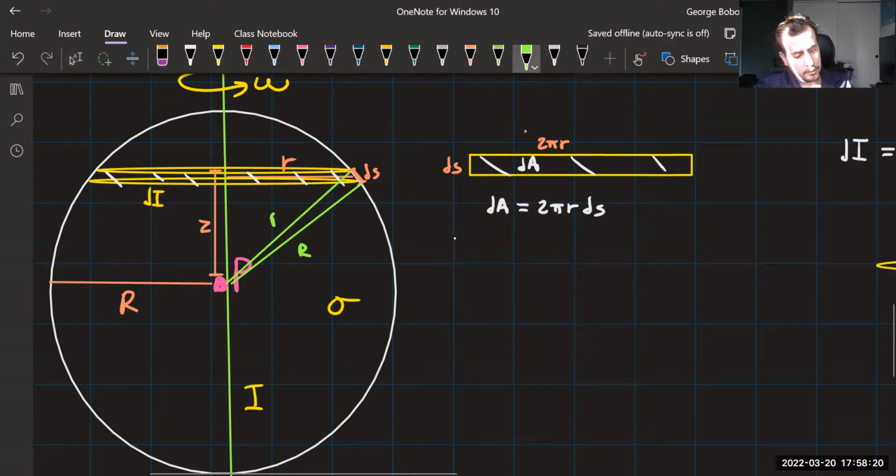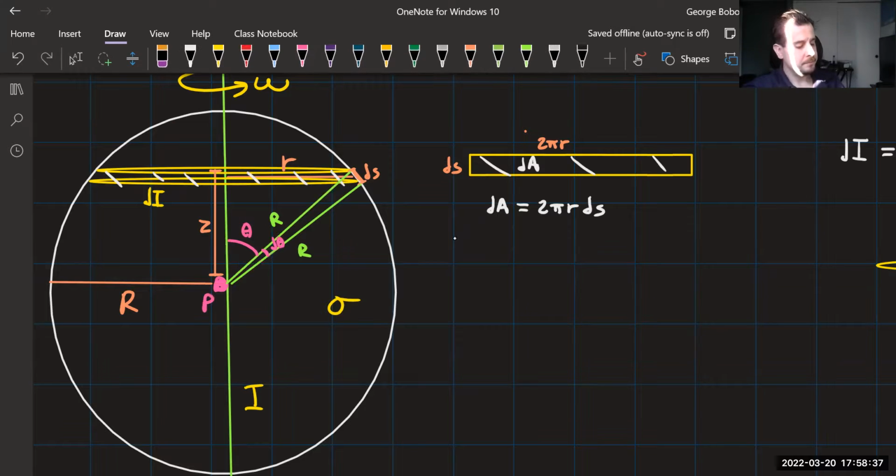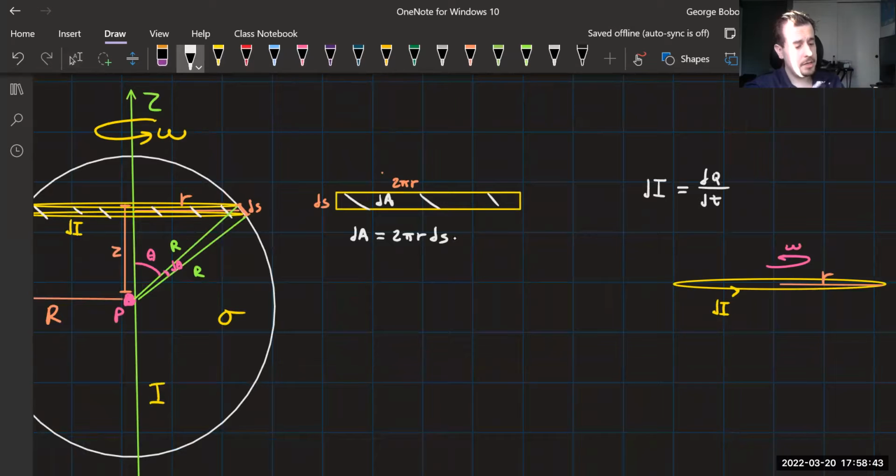This is capital R, and this little angle that I'm opening up is a very small change in polar angle, this being the polar angle itself. So ds again is R d theta.